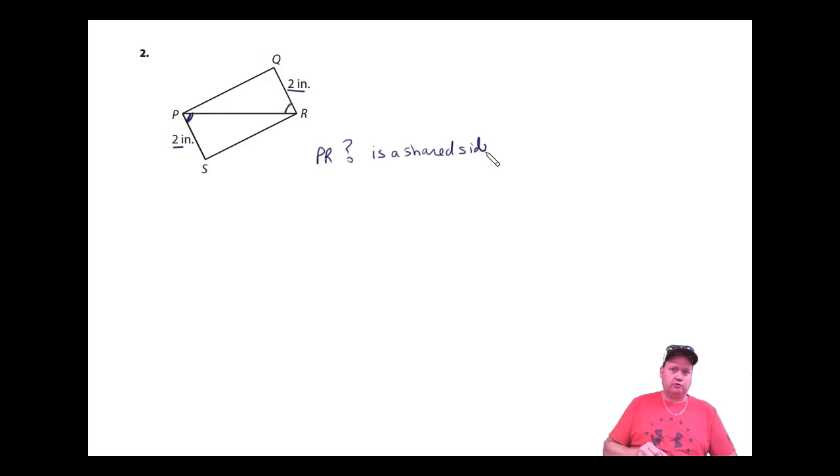And so if I were writing a proof, I could make a statement that says PR is congruent to PR by the reflexive property because it's equal to itself. As it sits on this triangle here, I'm going to just put a little double tick mark through that. I know if this is 2 inches and this is 2 inches, those two are equal. And now this is another side that is equal.